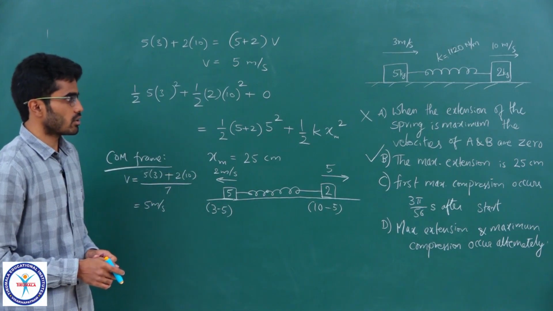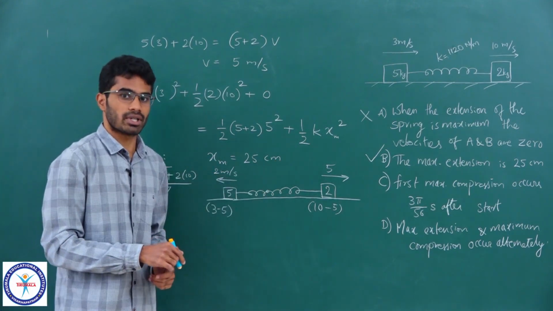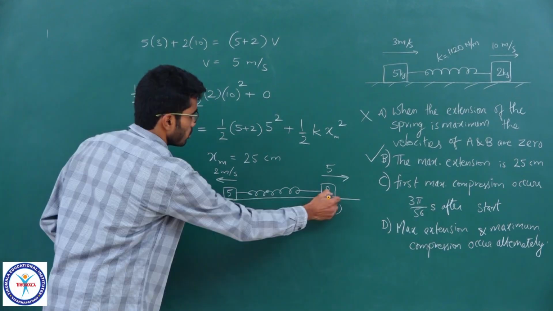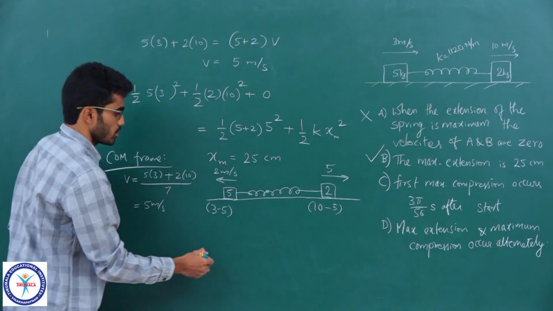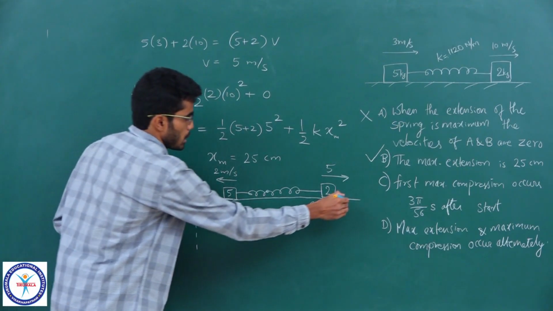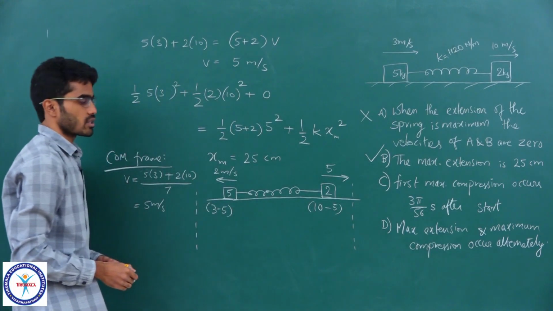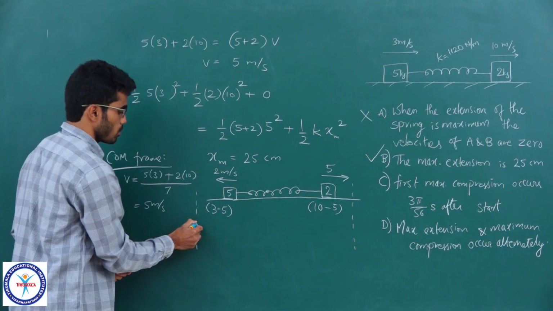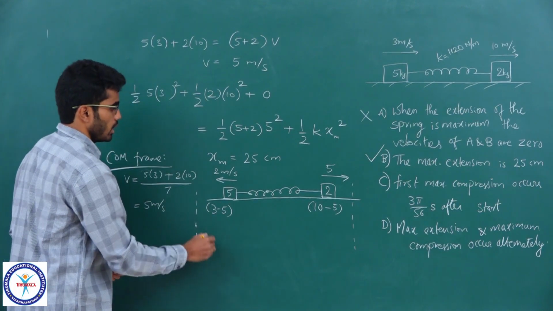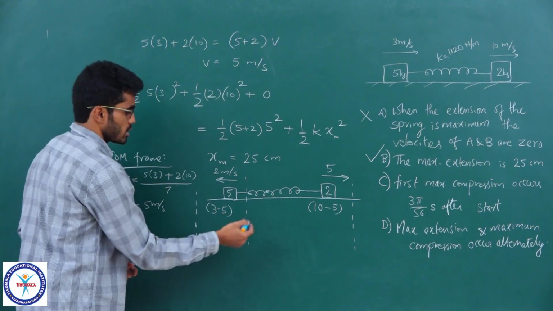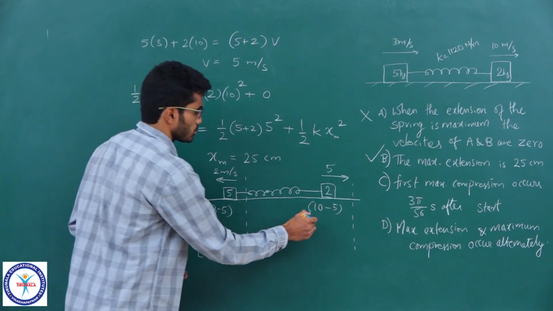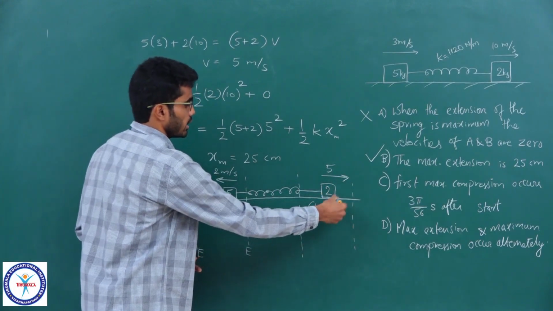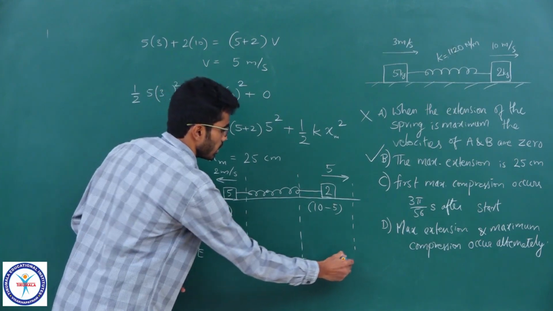Now, for such an oscillation, when does the first maximum compression occur? The first maximum compression occurs after the blocks go to the extremes. Let us say these are the extremes in center of mass frame. The 5 kg block will move towards left, stop somewhere, and then go to its other extreme. Similarly, the 2 kg block is moving away, it will cross the mean position and come back to find its other extreme.